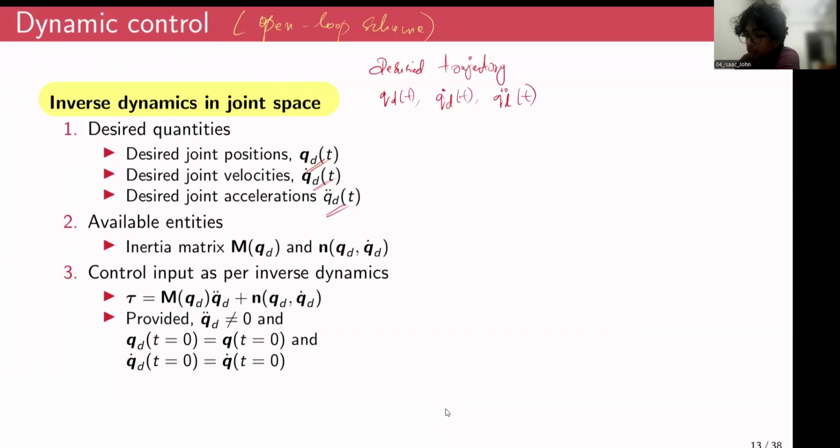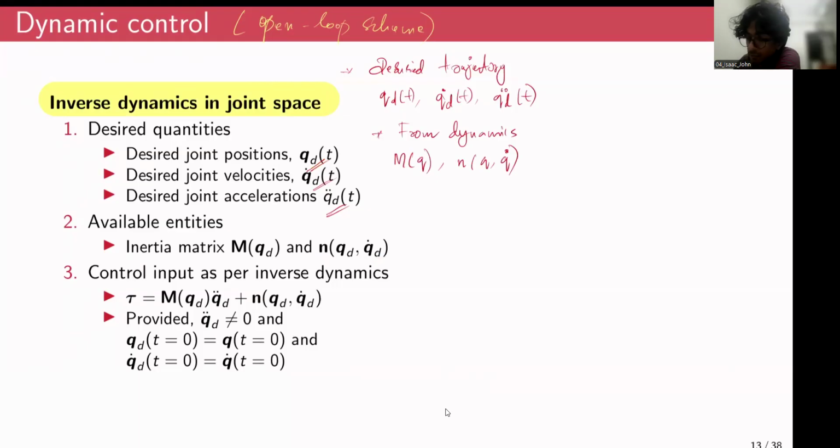And then, from what we have learned earlier, we have these terms available. We know how to derive this mass matrix M of q and the vector of Coriolis and centrifugal effects.